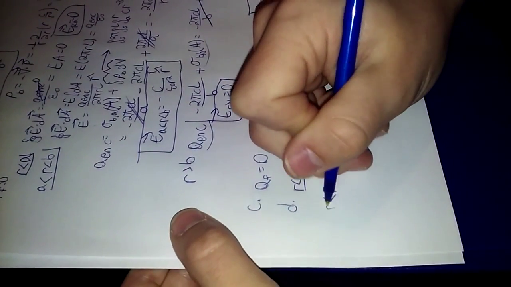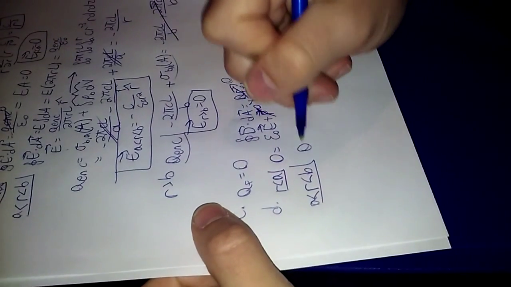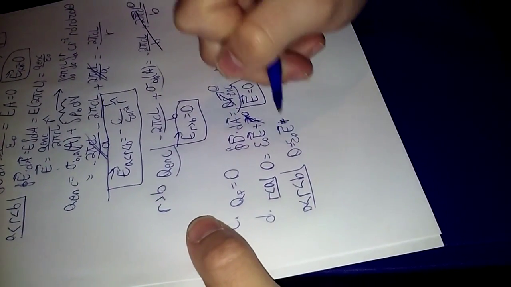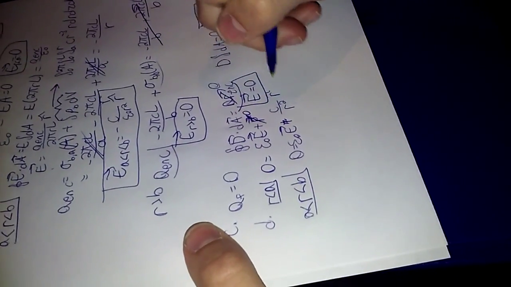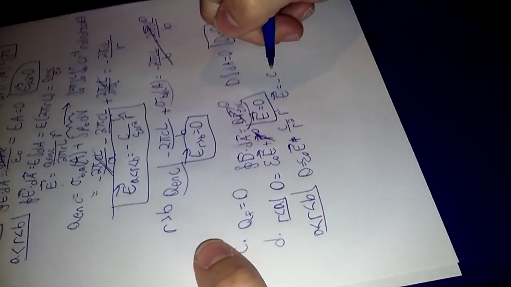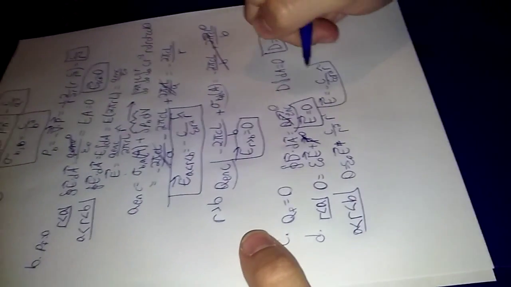For R greater than A less than B, 0 equals epsilon naught E plus the polarization, which is C over R squared in the R hat direction. After rearranging, you have E equals negative C over epsilon naught R squared in the R hat direction.